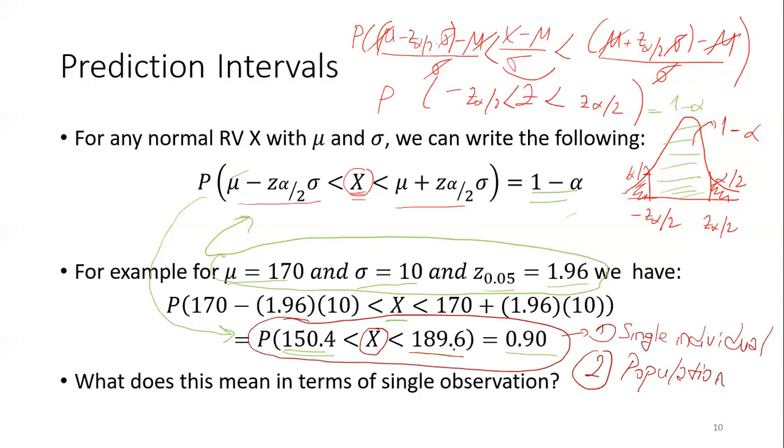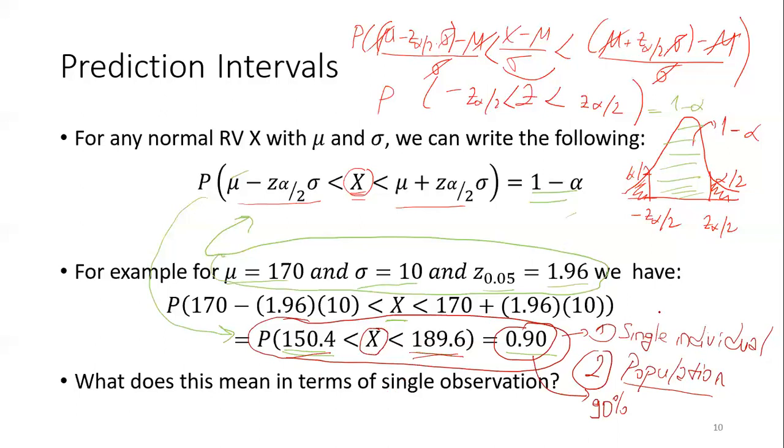In terms of the population, it means that 90% of the students' heights are between 150.4 and 189.6.